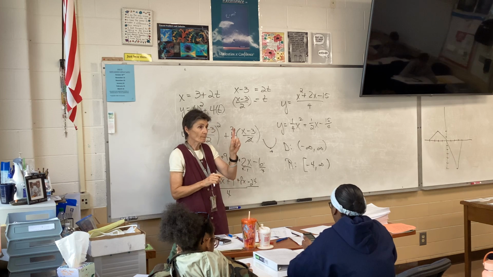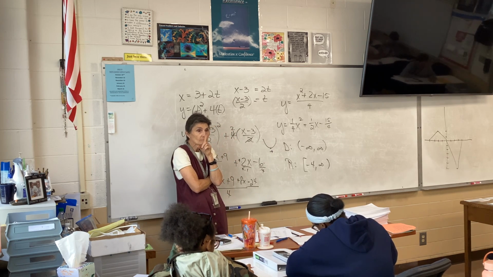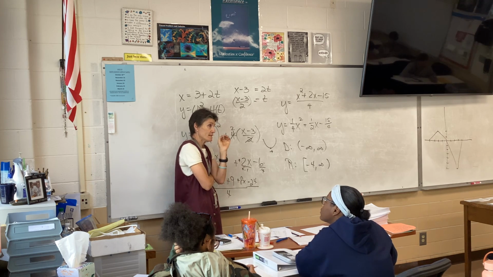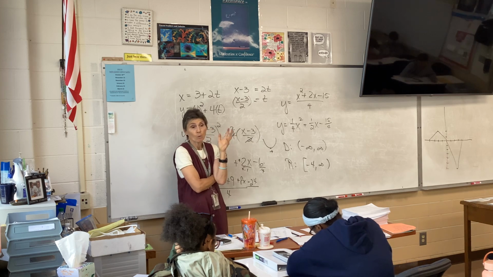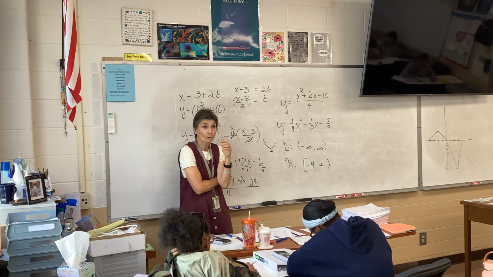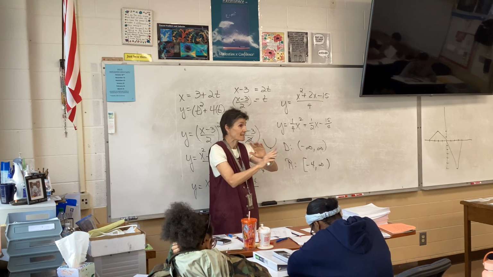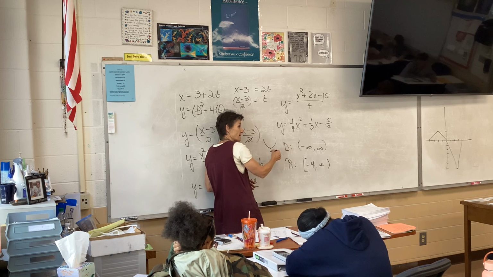Okay, who remembers what that means? 1 to 1. No one. Okay. If a function is 1 to 1, then that means no x's repeat in the problem and no y's repeat. In other words, 1x, 1y, 1x, 1y, no repeats anywhere. So, does this pass the vertical line test? Yes.